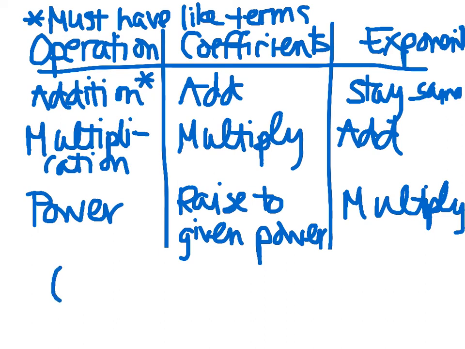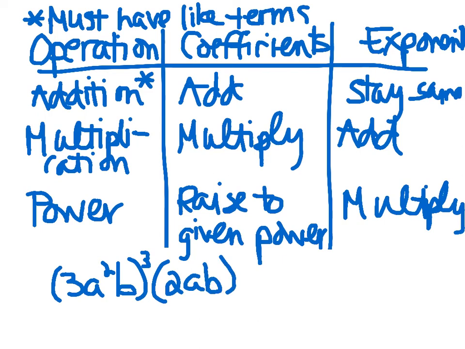So if I have (3a²b)³ times 2ab, I can't just go to my answer. I have to first show what I get when I take care of that exponent. Who's saying, "Me first"? 3 to the third power is 27. A to the sixth, because it's 2 times 3.